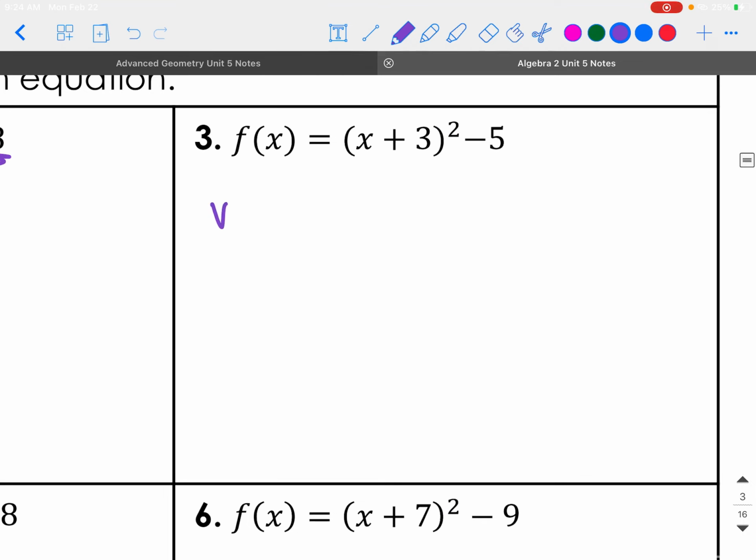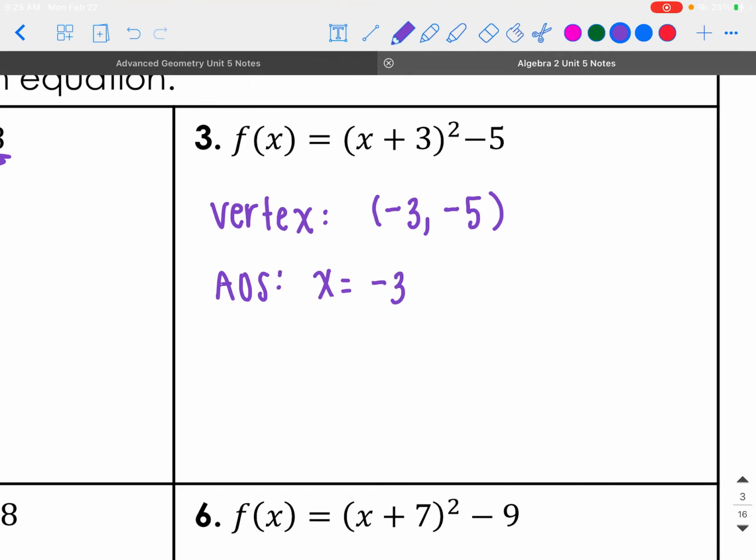Number 3, the vertex is negative 3, negative 5. The axis of symmetry, x equals negative 3.